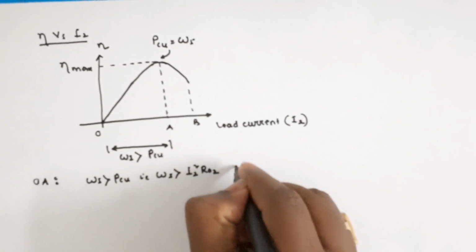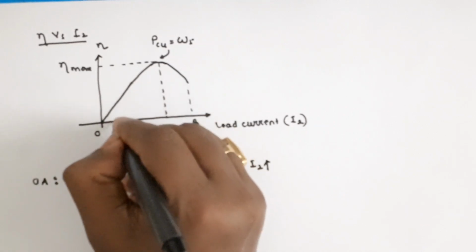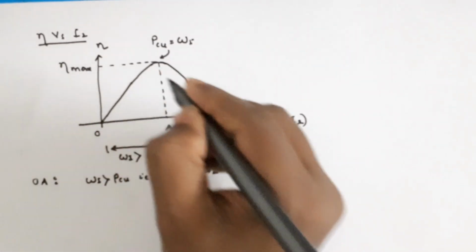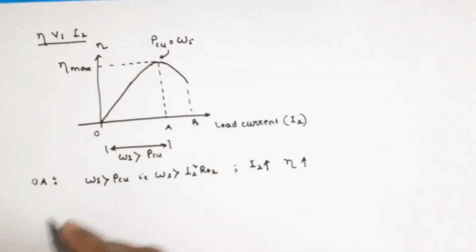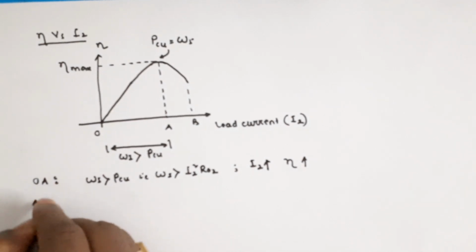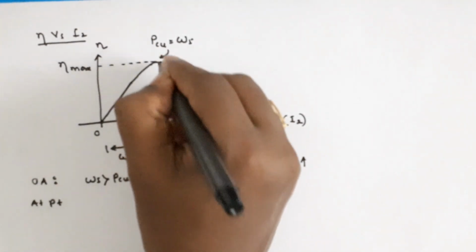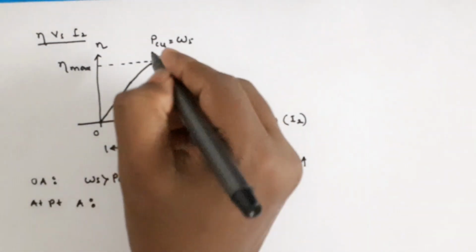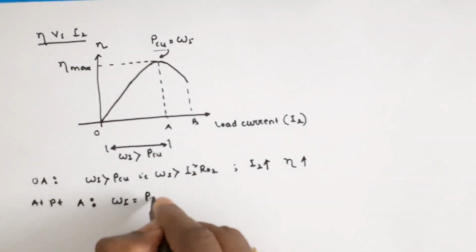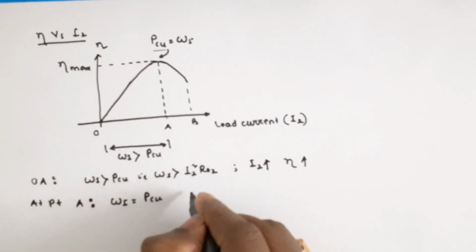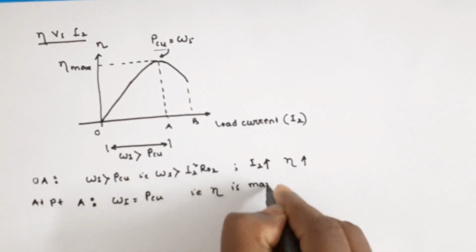And in this region, if we increase the load current I2, then the efficiency of the transformer also increases. At point A, here copper loss equals the iron loss, Wi, iron loss equals copper loss. That means here efficiency is maximum.